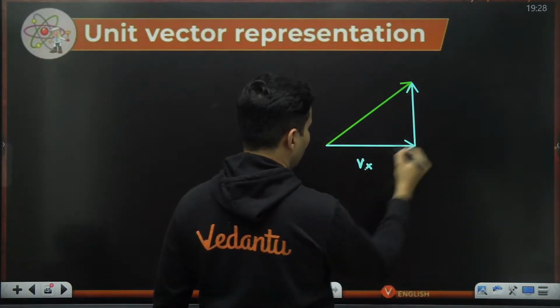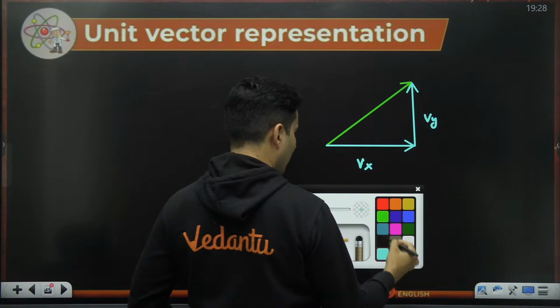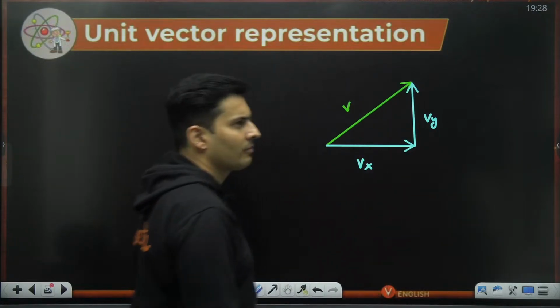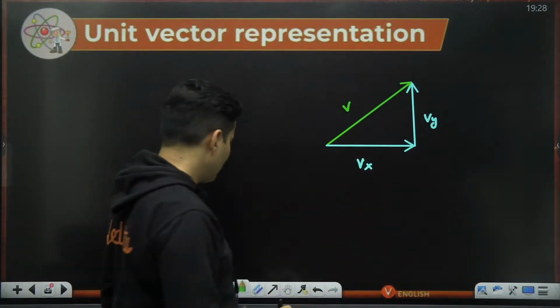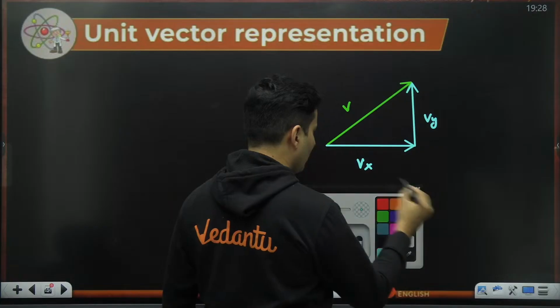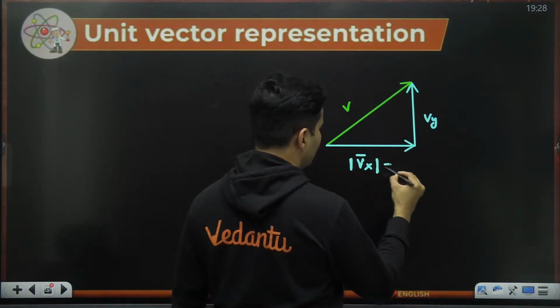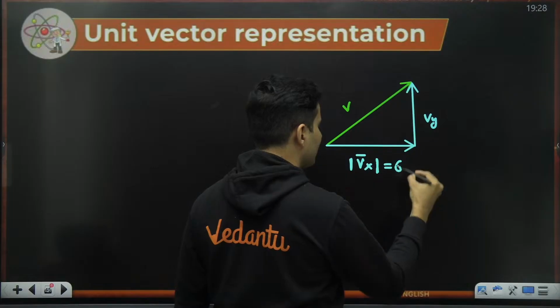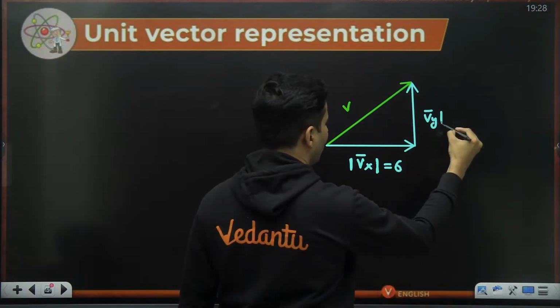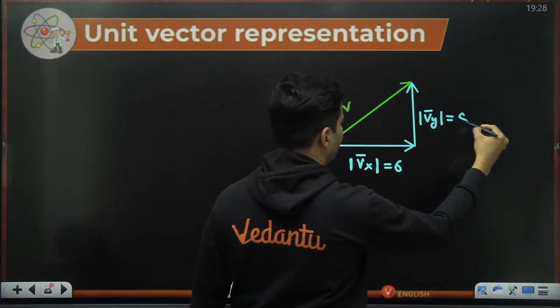Let's say the x component is 6 units and the y component is 8 units.